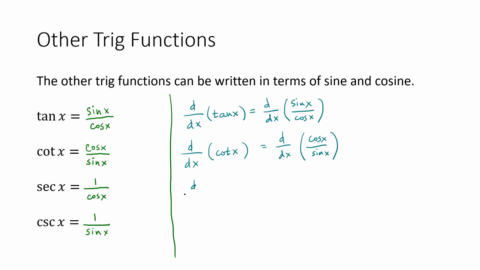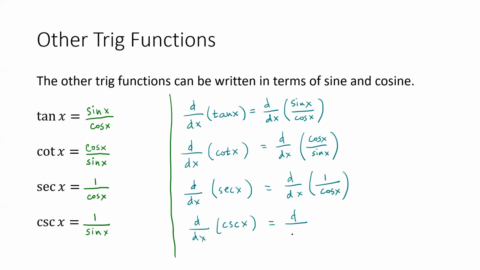If I want to take the derivative of secant x, I can do the derivative of 1 over cosine x and cosecant, and just do the derivative of 1 over sine x. And then in each of these, you notice that you can just apply the quotient rule to each of these.